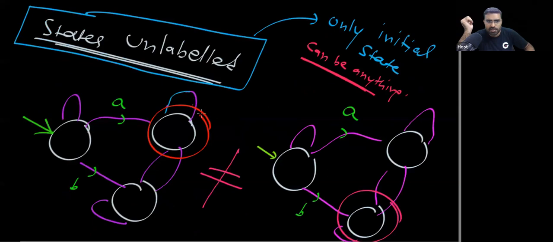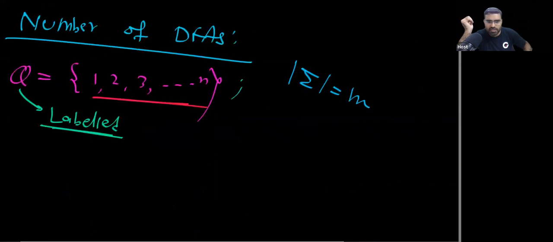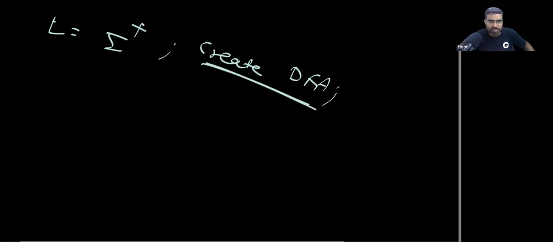Did you understand this? If you have two unlabeled states, let's assume your language is sigma plus. Let's create the DFA. You have two unlabeled states.